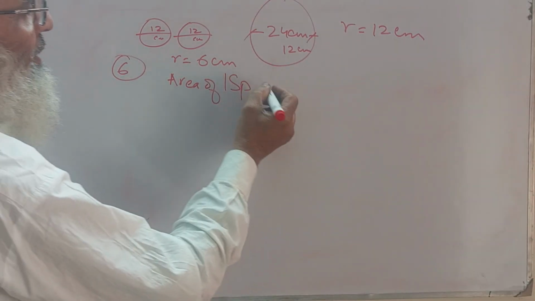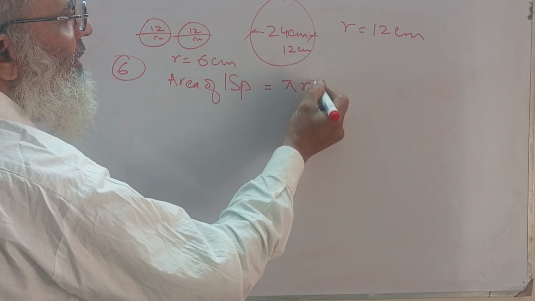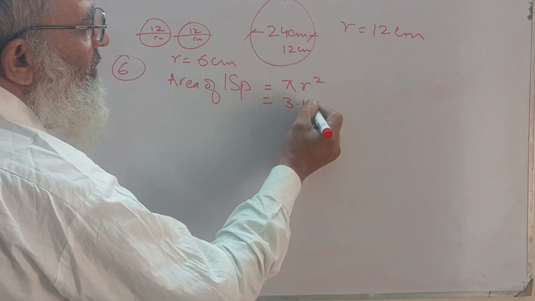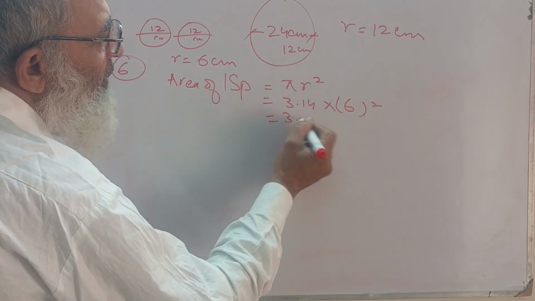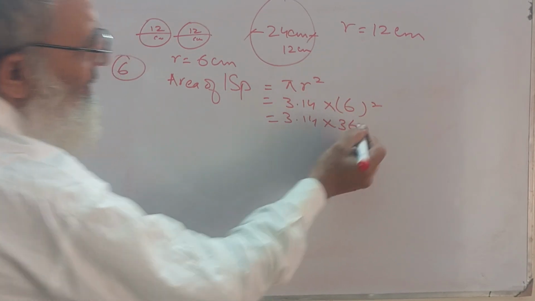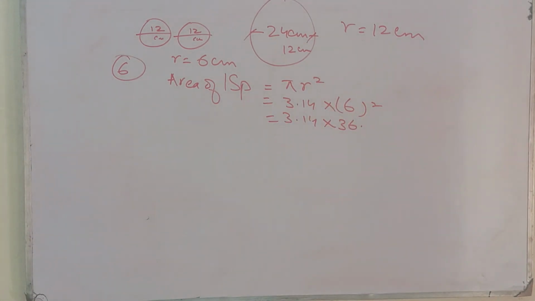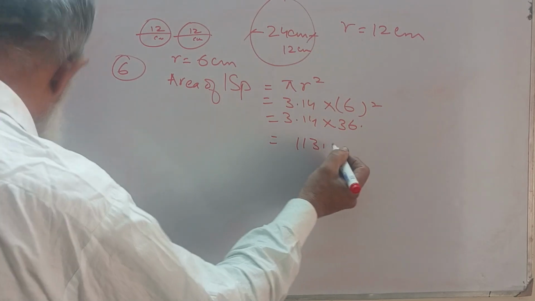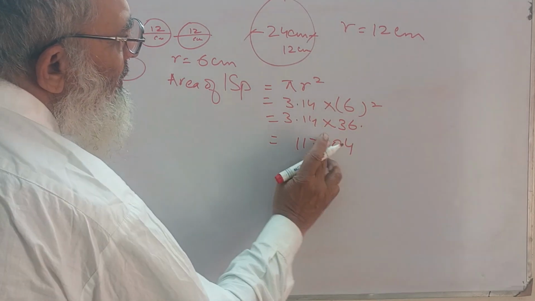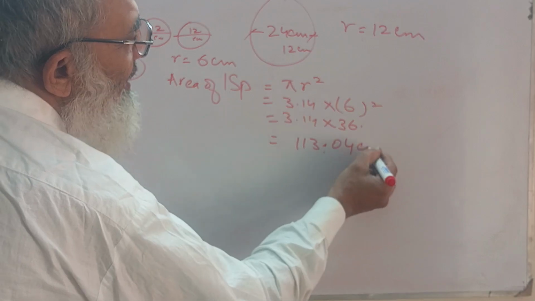Now let me find the area, pi r square. That is equal to 3.14 multiplied by 6 the whole square, which is 3.14 multiplied by 36. 6 times 6 is 36. Now 3.14 multiplied by 36 is equal to 113.04 centimeter square.